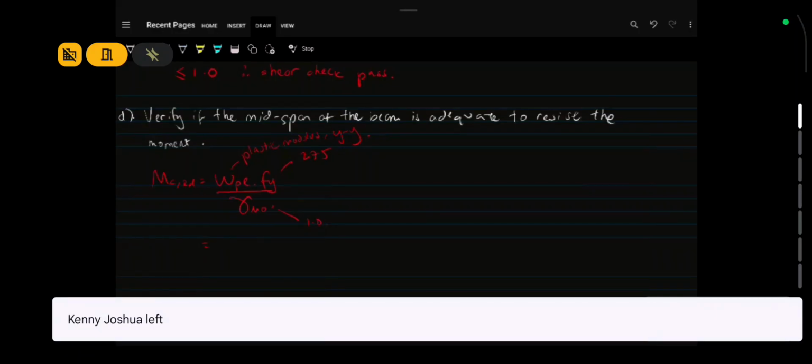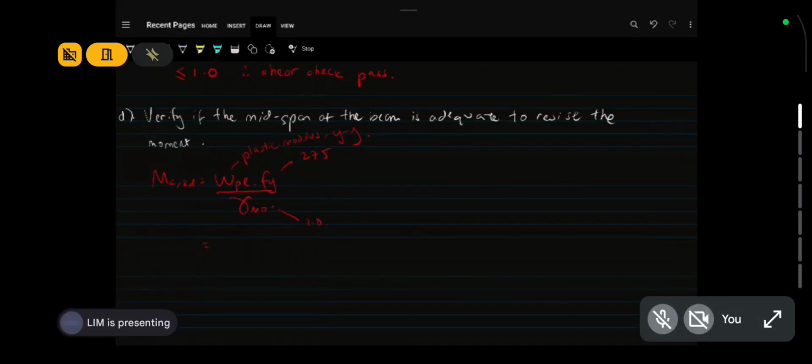What is the plastic modulus YY for this beam? 1320, unit cm cube. So 1320 cm cube.